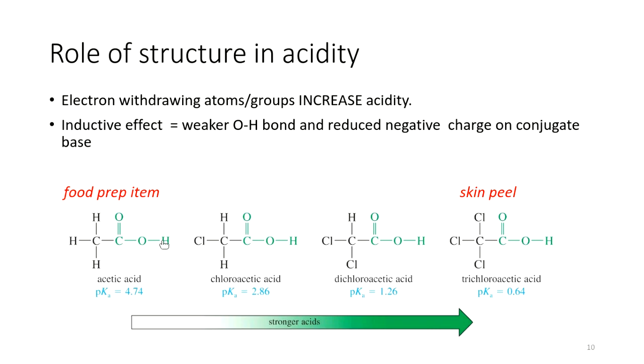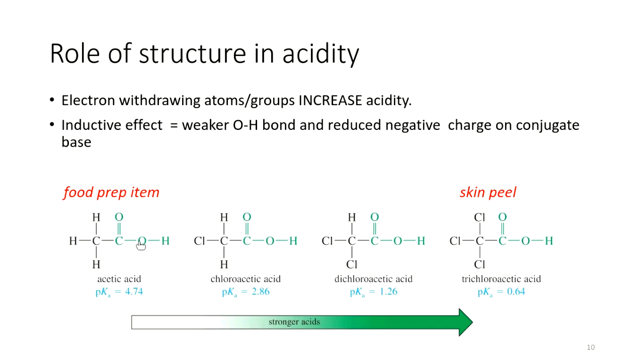Remember, we talked a lot about the inductive effect when we were looking at the acidity of carbonyl compounds, or when we were looking at the Wittig reaction, why it is that this carbon-hydrogen bond is all of a sudden acidic. It's a similar thing. If you have a group pulling electron density from this carbon, this carbon is now going to pull electron density from this oxygen, and this oxygen is now going to pull electron density from this hydrogen.